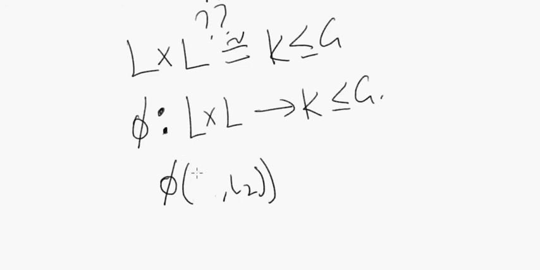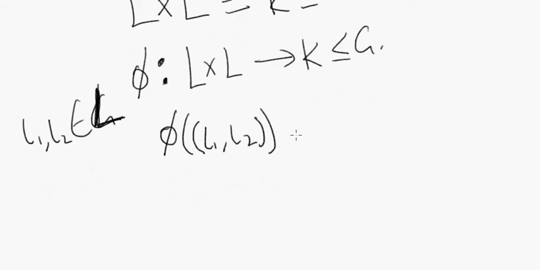So we have L1, L2, where, what can we say here? What are we saying about L1? Are we saying that L1 and L2 are both elements of G? Actually, not just G, they're elements of L, a subgroup of G. So where would we have to send L1 and L2 to guarantee that we have ourselves an isomorphism? That's the question.